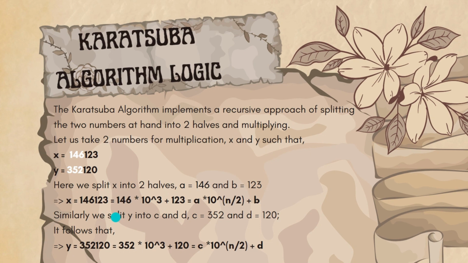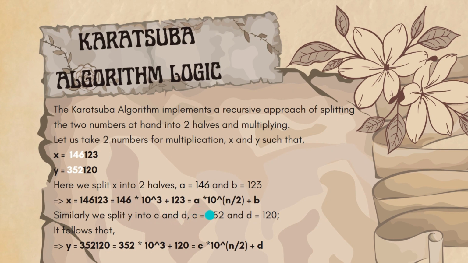And now, if you see, we can actually represent x in a better way in terms of a and b, and that is 146 multiplied by 10 cube plus 123. Why 10 cube? Because the number of places after 146 is 3, and therefore we need to multiply it by 10 cube and then add 123 to form x.